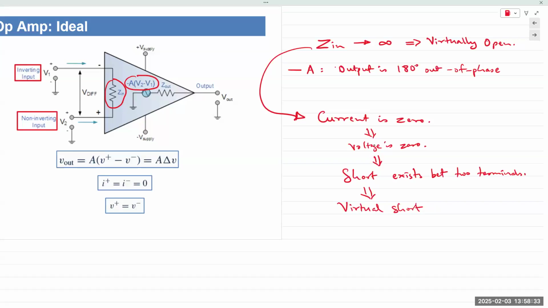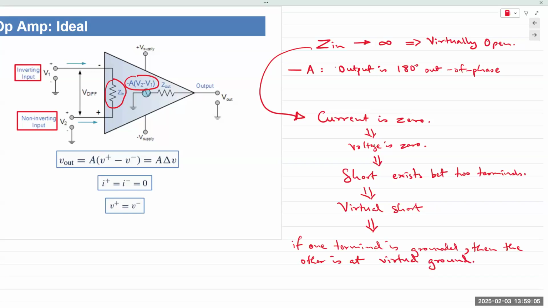And to take that further, if one terminal of the 2 is grounded, then the other one is said to be connected to virtual ground. And so that's the concept of virtual ground.